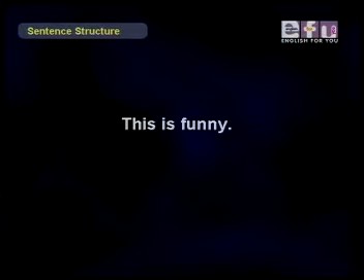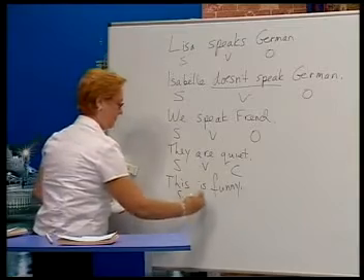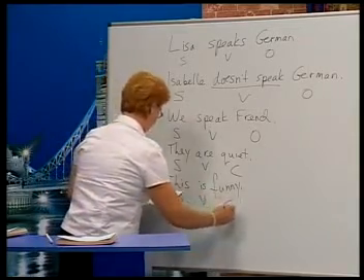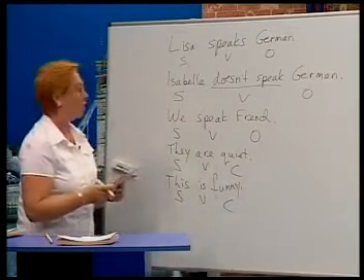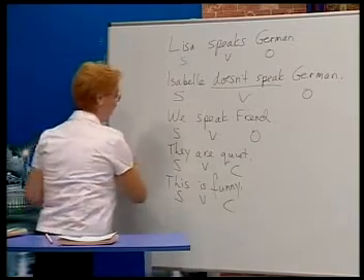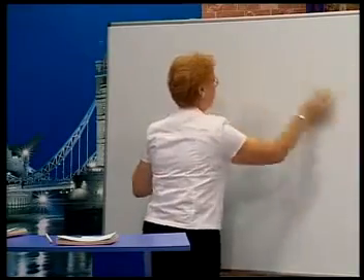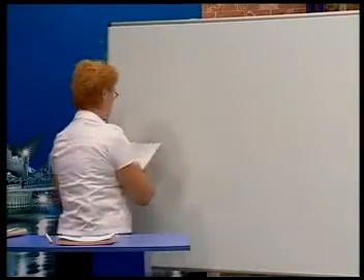Isabel. This is funny. Okay, this is the subject. Is the verb. Funny is the complement. Yeah, good. Great. Okay, now a little bit more practice. Get 3 more sentences and then you can tell me what they are.